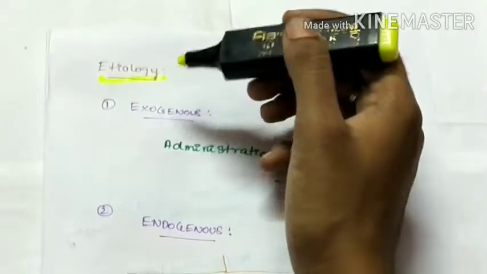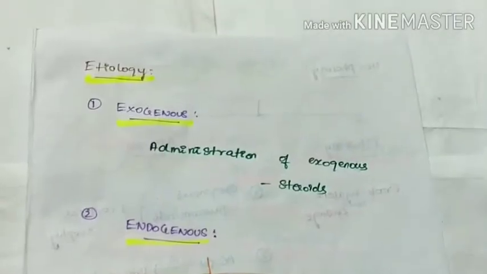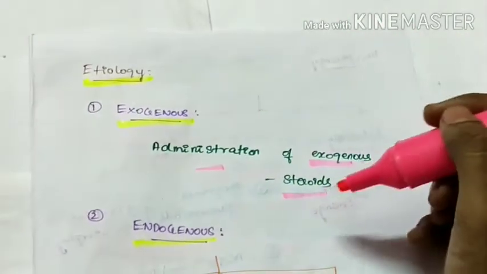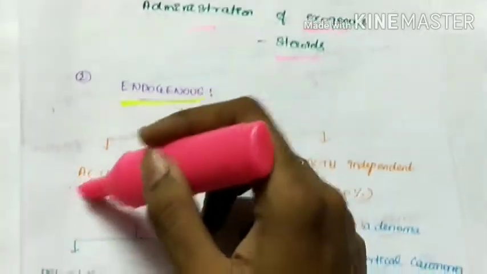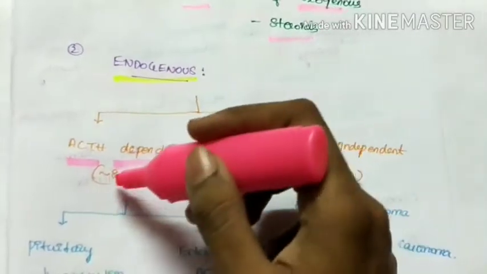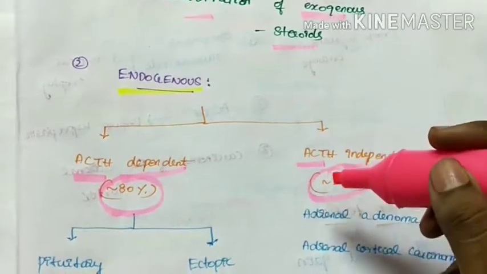Etiology of Cushing syndrome. There can be exogenous cause or endogenous cause. The exogenous cause is administration of exogenous steroids. The endogenous causes can further be divided into ACTH dependent, which constitute about 80%, and ACTH independent about 20%.